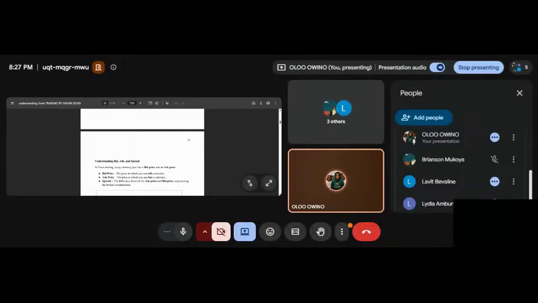So I was saying our ask price is more like a buying price and our bid price is more like a selling price. When you're buying a commodity to go and sell it, the price at which you're buying is what we call an ask price. And the price at which you'll sell is what we call a bid price. Now there's something called spread. Spread is the difference between bid and ask price, which represents the broker's commission after your trade.